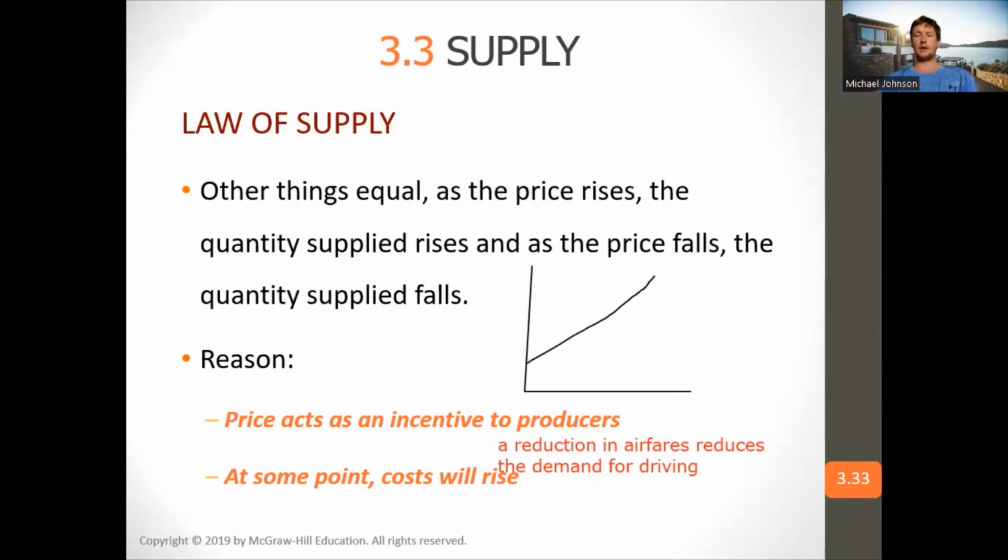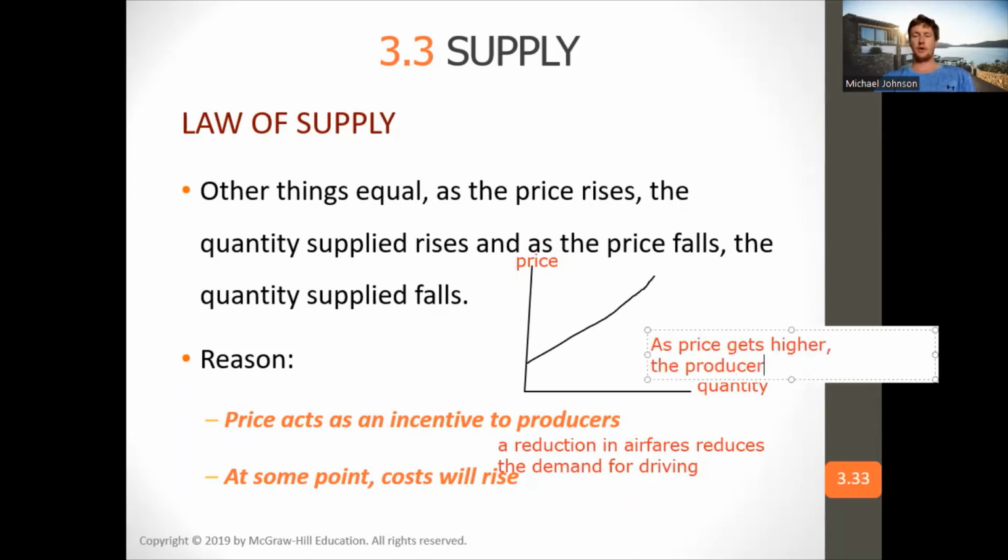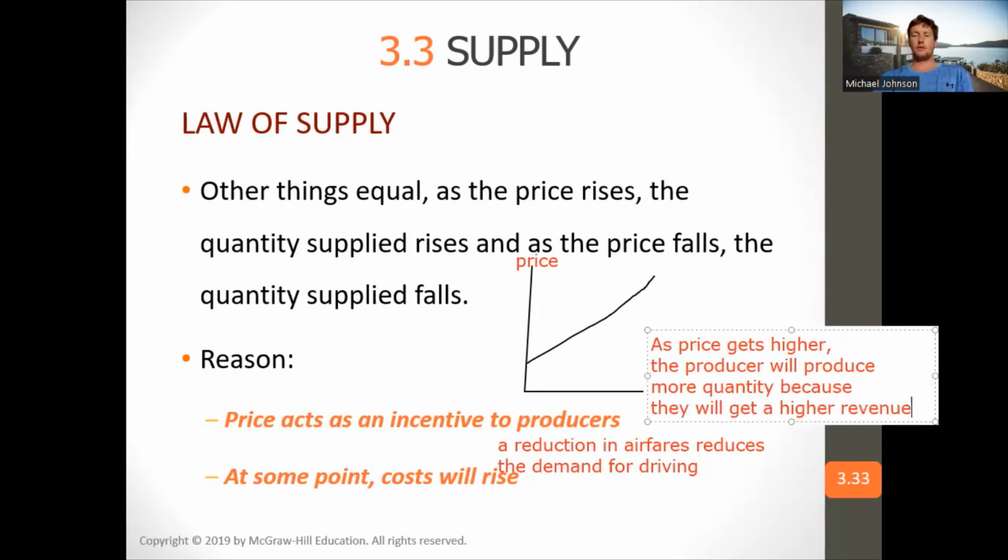So quantity is on the x-axis, and then price on the y-axis. So as price gets higher, the producer will produce more quantity, because they will get a higher revenue for producing more.